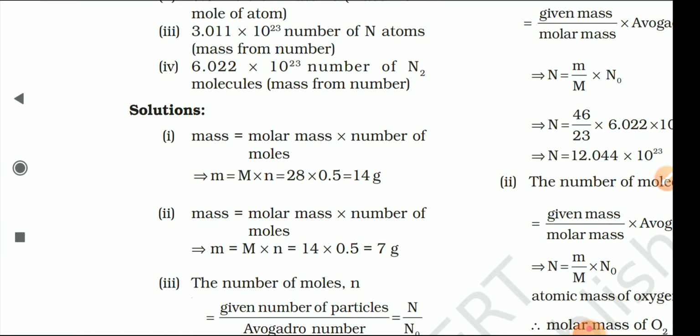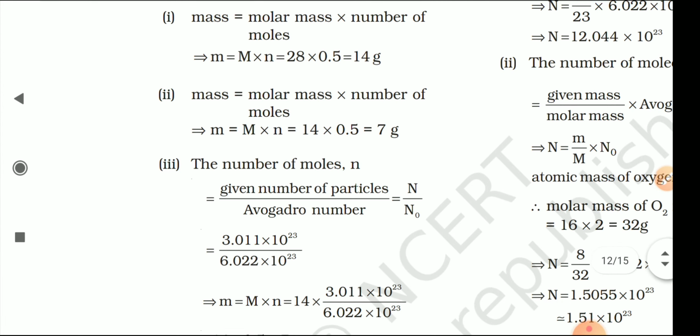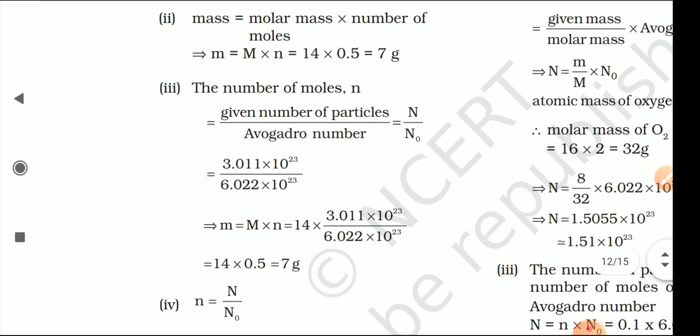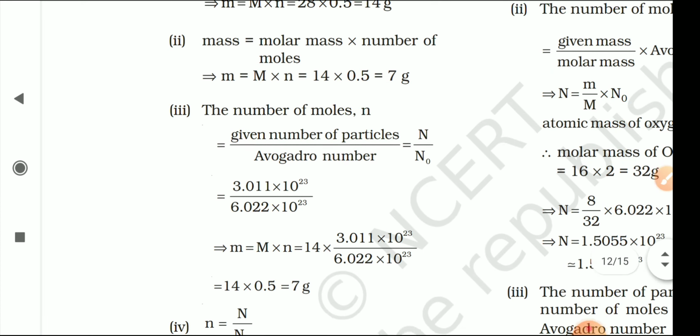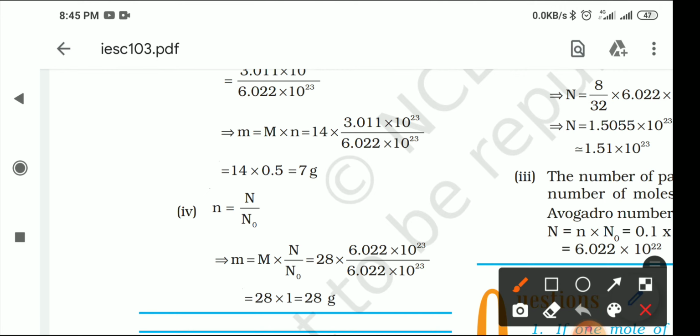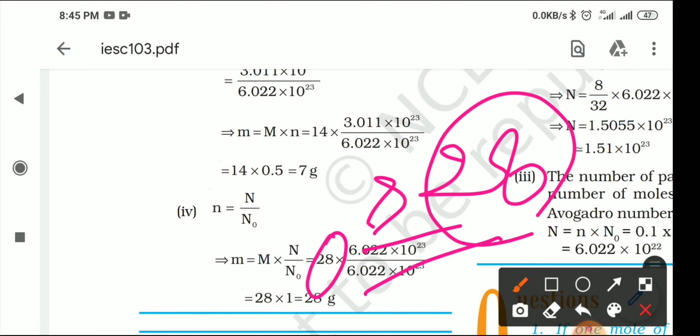Now 6.022 into 10 to the power 23 divided by 6.022 into 10 to the power 23, and then you multiply this by 28 gram. The 6.022 into 10 to the power 23 will be directly cancelled, and you will get the value 28, so your answer will be 28 gram.